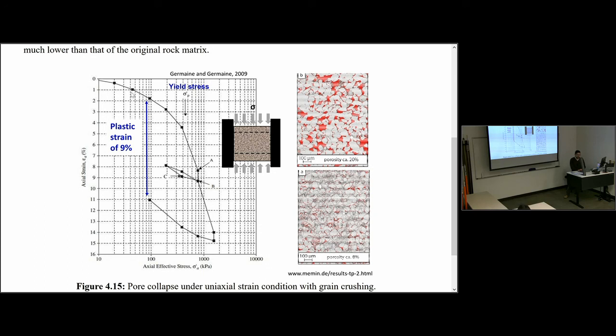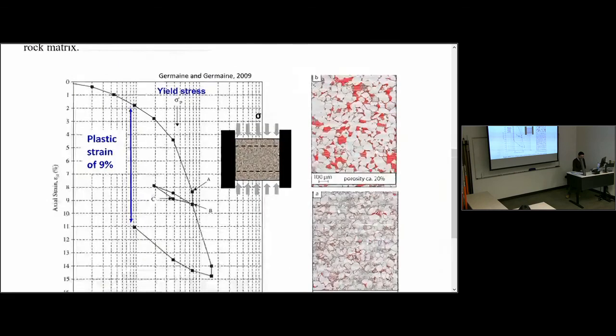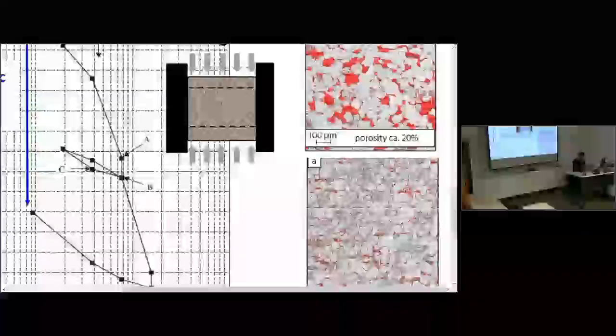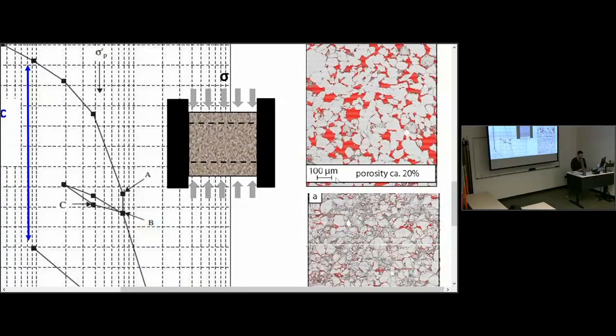There is going to be a point in which if you pass that point, you start to crush the grains. So the grains of the rock are going to start to fail. And just let me zoom in a little bit so you can see a little bit better. You see in this example how we have very nice pores with a diameter in the order of even 100 micron.